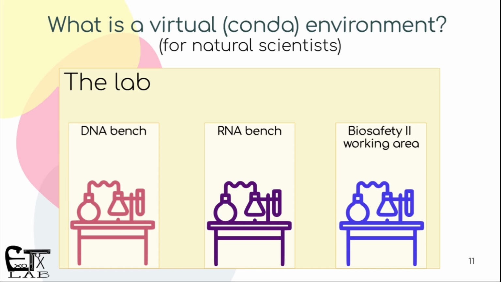For example, the RNA bench will have all material that is RNase free, and the pipettes and everything is super clean, because if we work with DNA, we don't have to be so careful, and we have different tools for the DNA work than when we are working with RNA. So we have to segment the lab. The lab is still this lab, but we have to create areas inside the lab that are specialized for the work that we want to do.